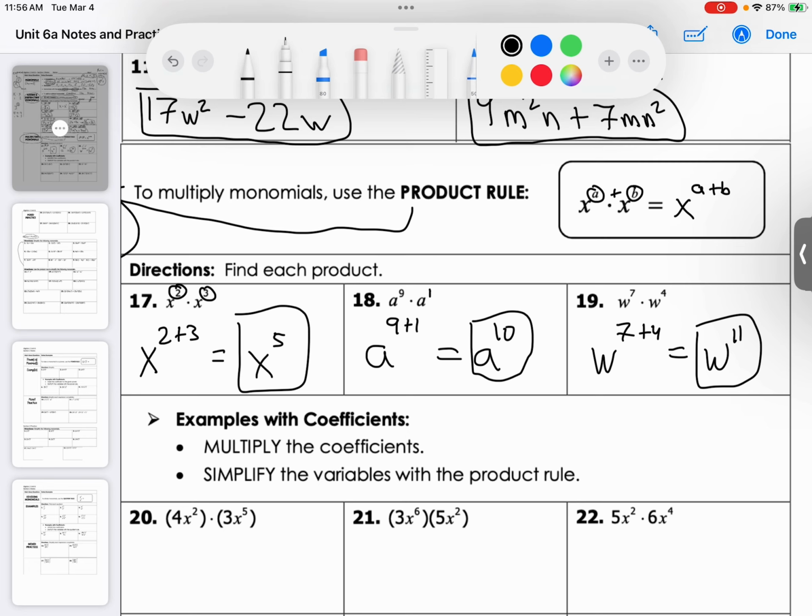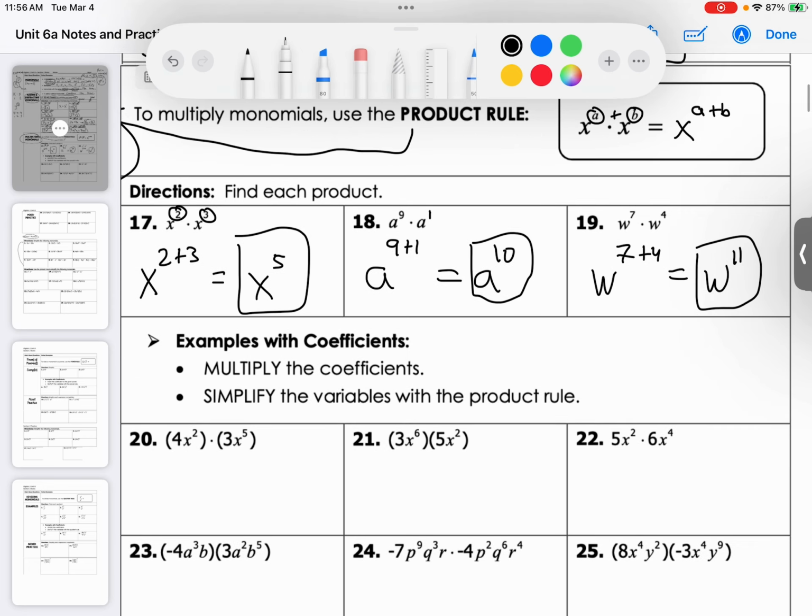However, some of our problems are going to have coefficients as well as variables. So when we have a coefficient, we've talked about this a little bit before, but just as a reminder, a coefficient is a number in front of a variable.